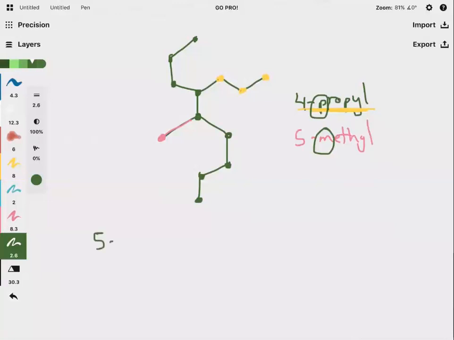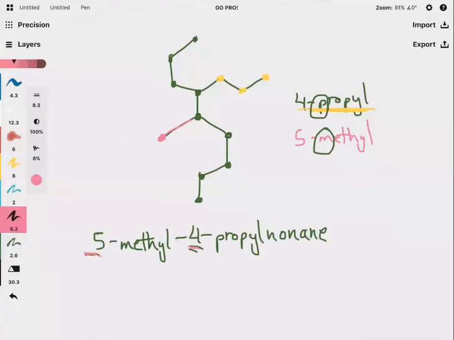So we write it 5-methyl-4-propylnonane. So even though the 5 came before the 4 when we wrote it out, the actual name, that didn't matter, because when we write out the actual name, we follow the alphabetical order. M comes before P.